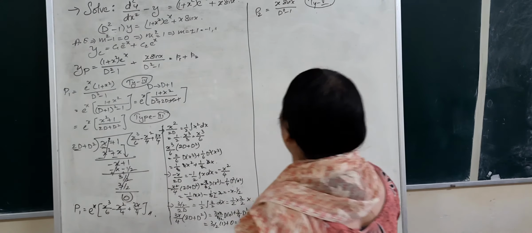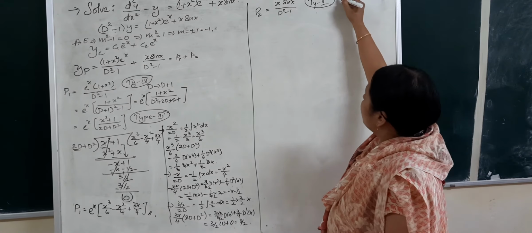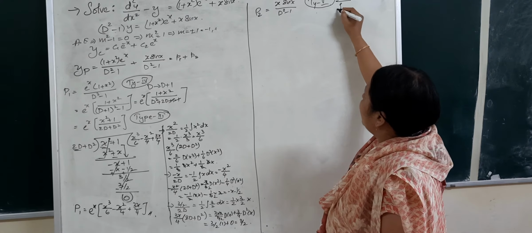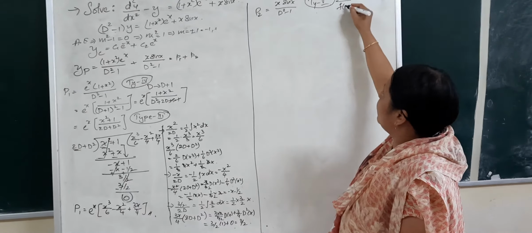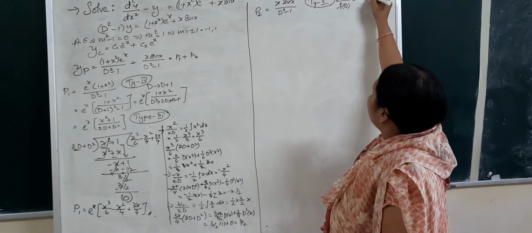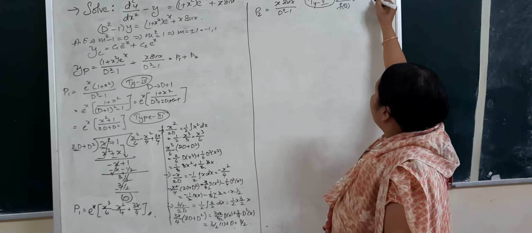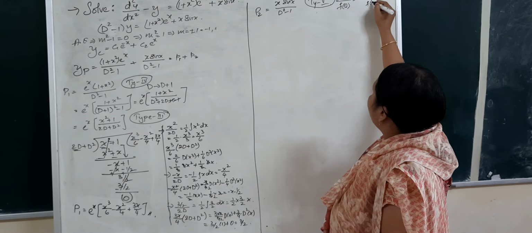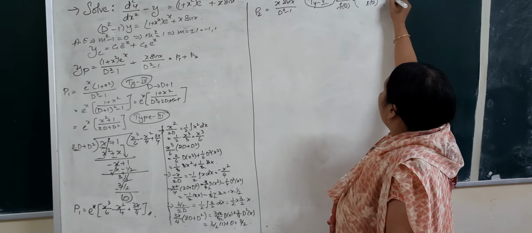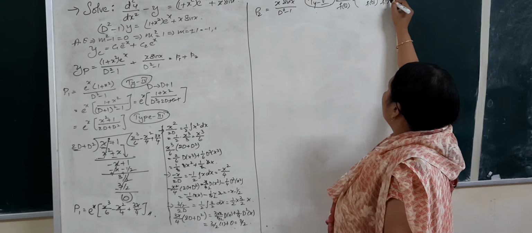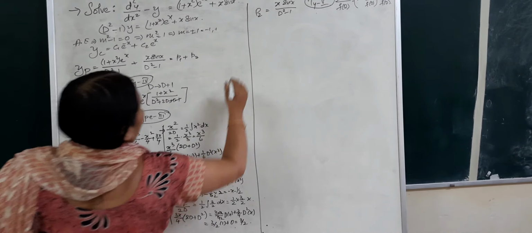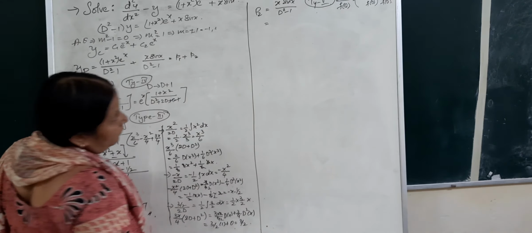I will write the formula for your reference here, because this is a little bigger formula. x times v of x divided by f of D is equal to x minus f dash of D divided by f of D into v of x by f of D. This formula you guys have to learn by heart. Without knowing the formula you can't solve further.